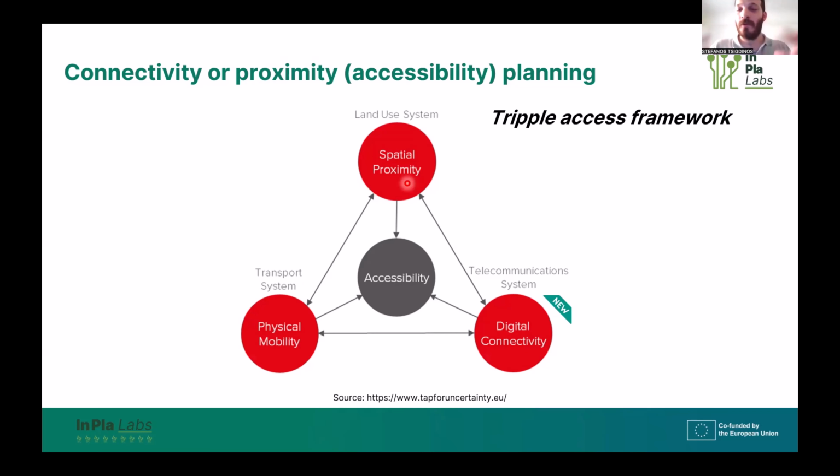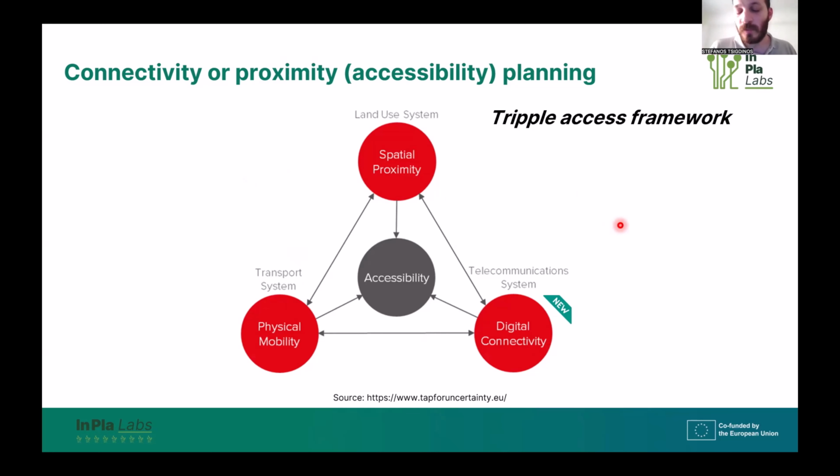So when we think about this kind of planning, we should also embark into a triple access framework that relies also on digital connectivity, because cities, fortunately or unfortunately, are realizing the third dimension of planning, which is the digital connectivity, and that may affect and has already affected, and we saw that during COVID, our cities and how we behave and how we interact with people. And so this triple access framework would be a really fundamental methodological source of integrated planning.